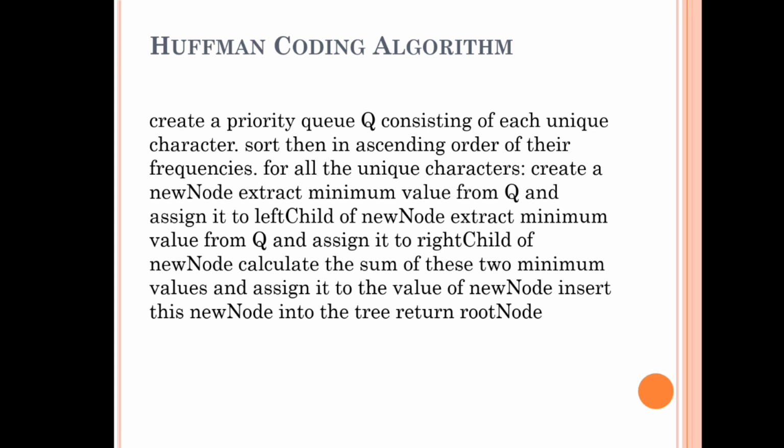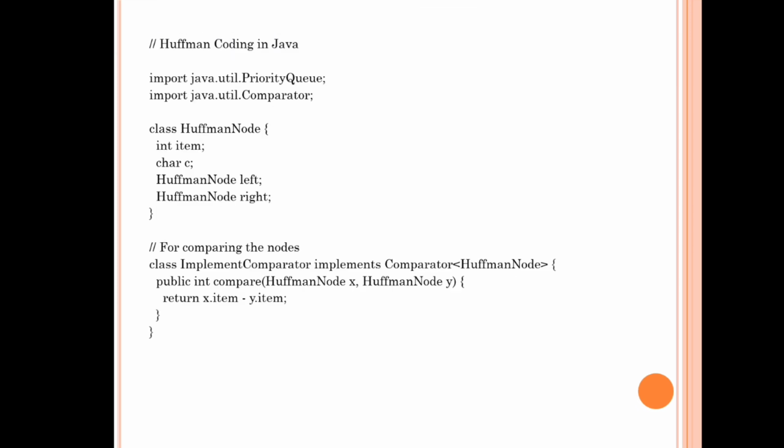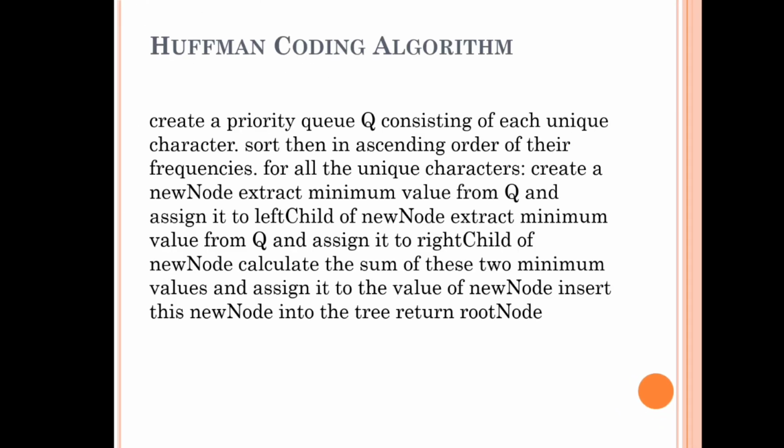Extract the minimum value from the queue, and assign it to the right child of the new node. Then calculate the sum of these two minimum values and assign it to the value of the new node, and insert this new node into the tree. Return the root node. So the same that I have explained in the algorithm, I have done in the coding.